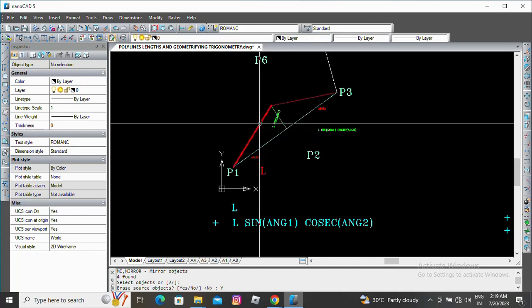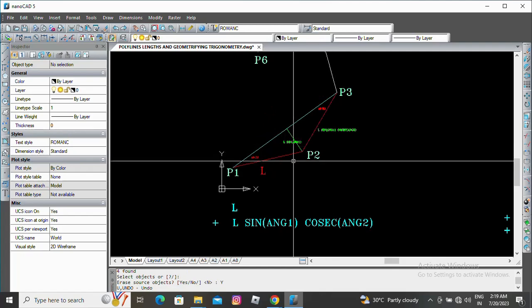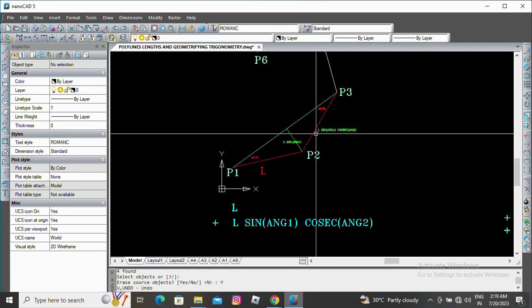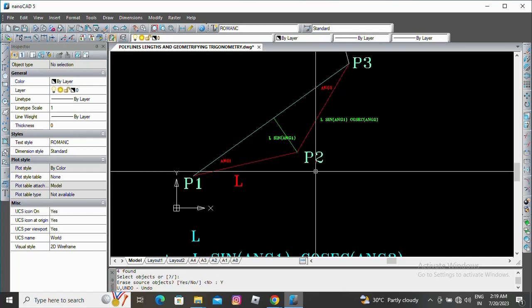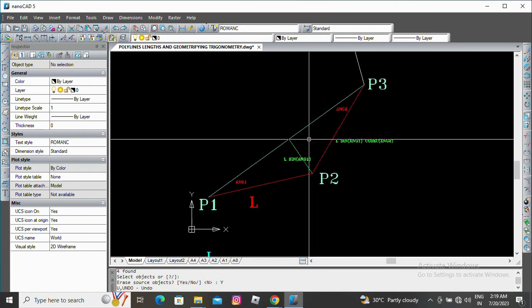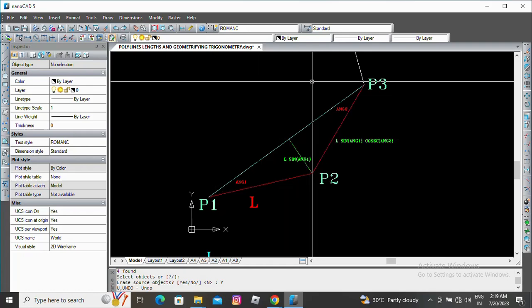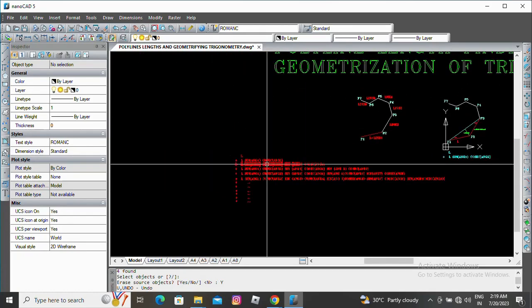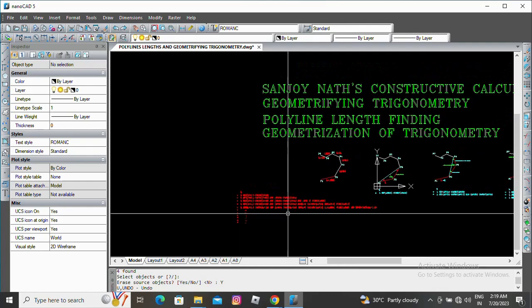Still the length will remain the same. So both of these symmetries are going to give us the same length, and if we take the other symmetries, then we can get the same length, but the geometric construction will have different trigonometry expressions as per geometrifying trigonometry.